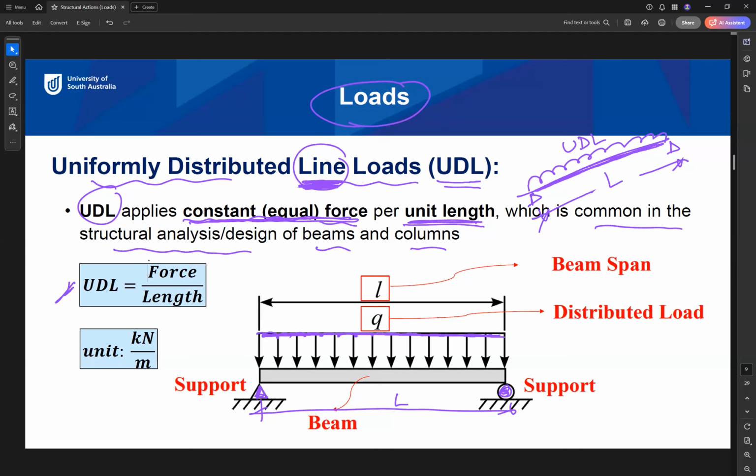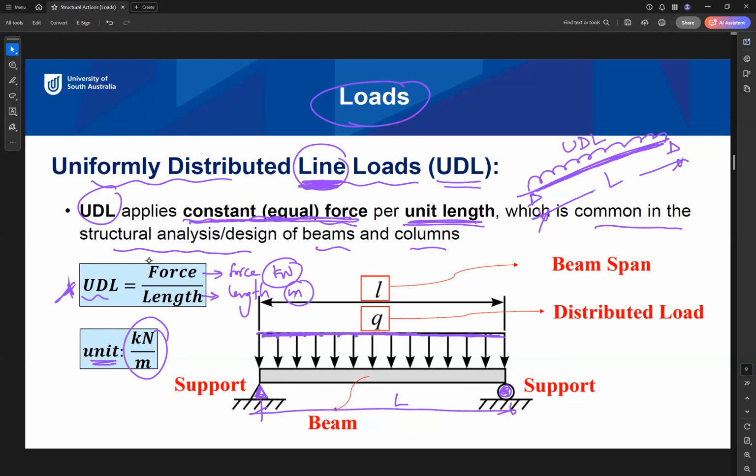So when we design beams and columns, we might need to apply the load as uniformly distributed loads. The UDL formula is force over length. If our force is, for example, Q, then it is Q over L, with force in kilonewton and length in meter, for example. So what is the unit of the uniformly distributed line load?